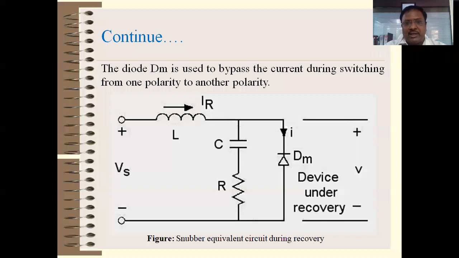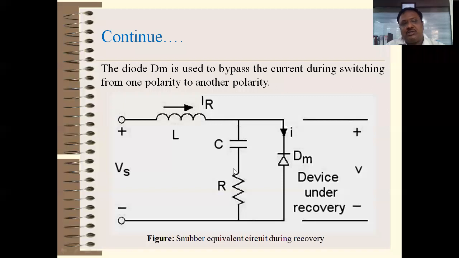So in some circuits, the diode is always connected parallel to the SCR, so that when you turn on or turn off the device, the polarity of the capacitor charge voltage gets reversed, and that voltage may appear across the device. So to bypass the voltage, this DM is connected. See here in this circuit, during the input voltage applied, the capacitor charges with the upper plate positive and the lower plate negative, right?